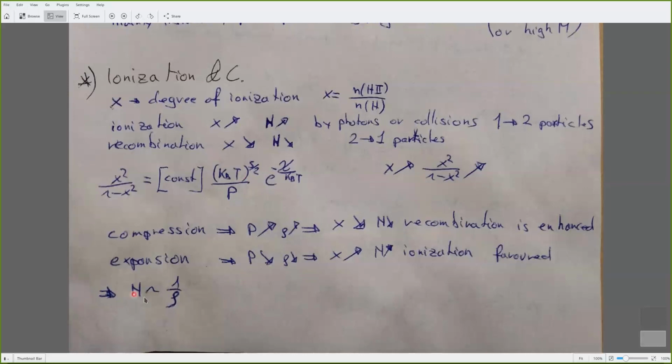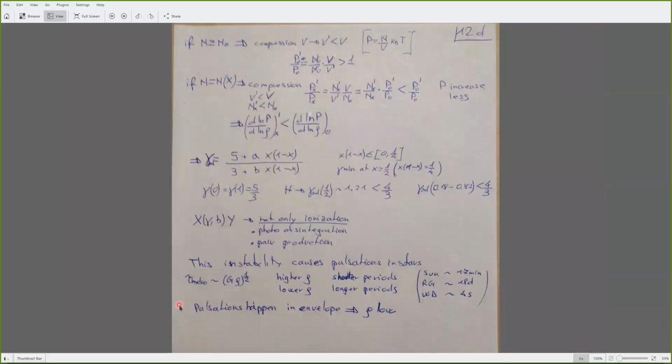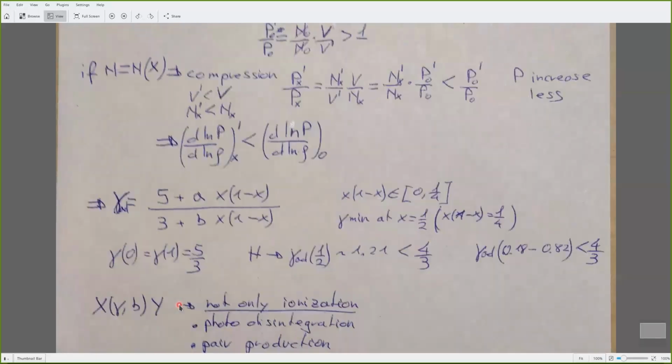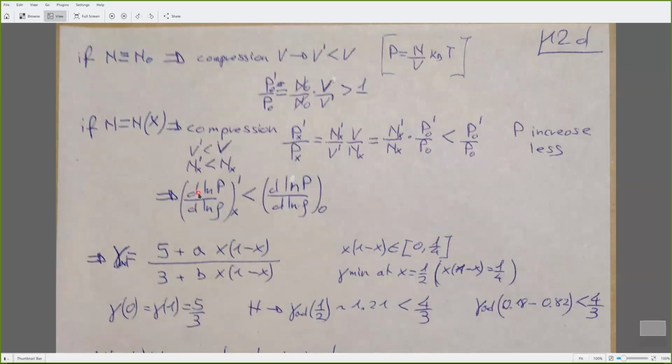So what you get is that the number of particles is proportional to the inverse of the density. If the number is constant, we have a compression.